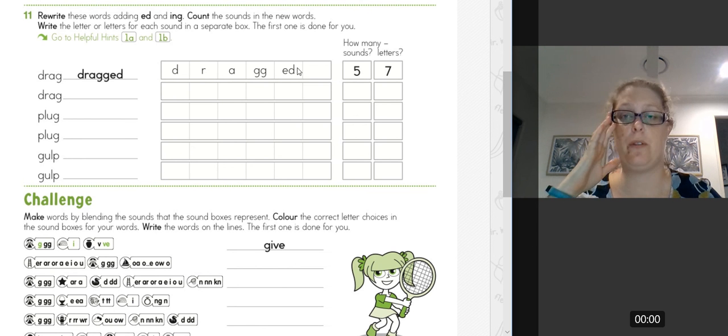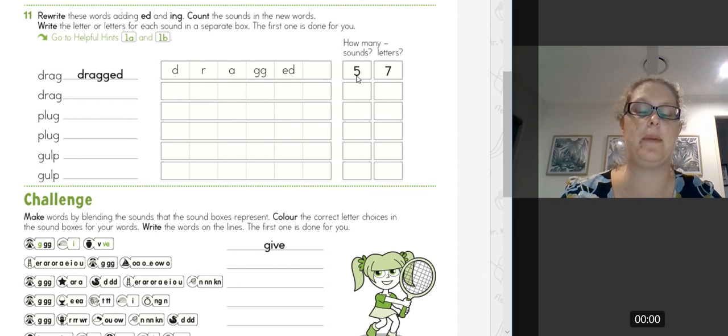Alright, so the next job for that question is to count how many sounds. So when you were writing the words in, you would have written, now you're going to rewrite the words into the boxes, putting the letters in each box that represent one sound. So in the example here, d, r, a, g, d.